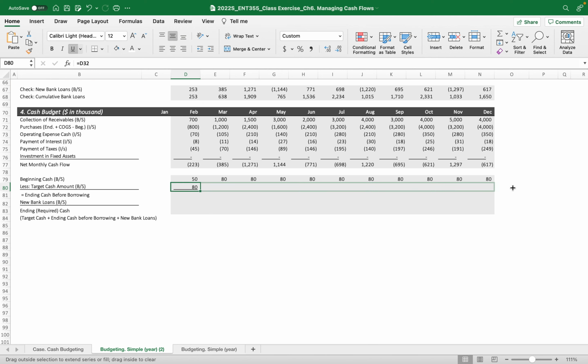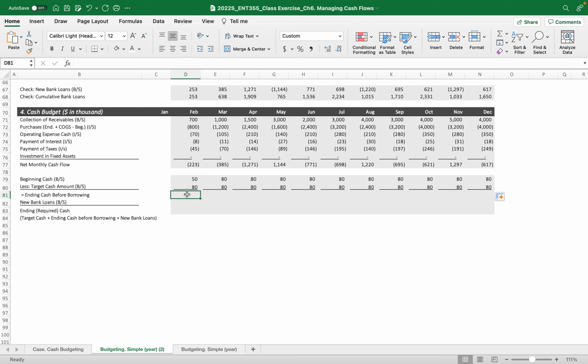Let's drag. And the ending cash balance, how to get it: it is net cash plus the beginning balance minus required cash. Let's drag.